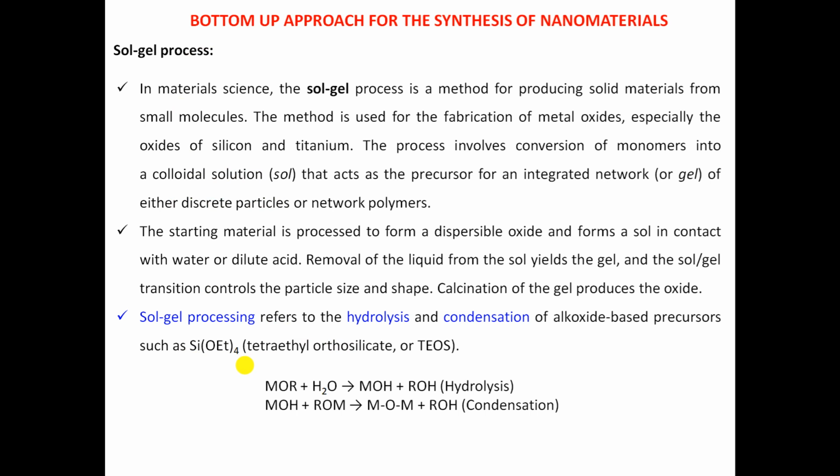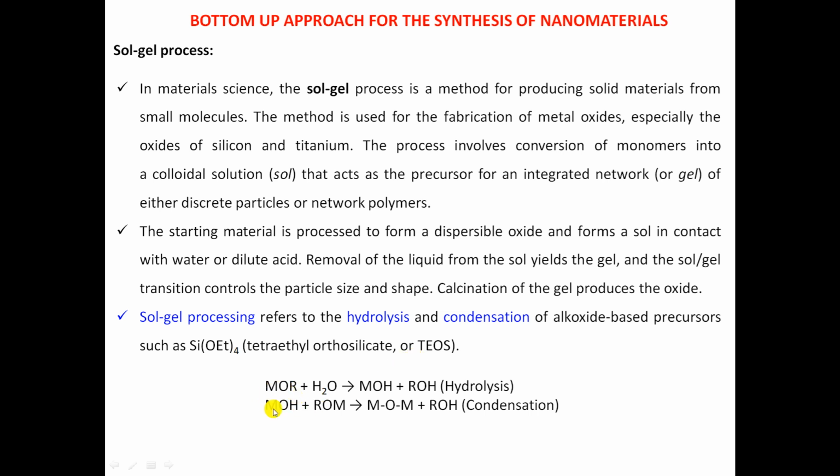The first reaction involved in the sol-gel process is hydrolysis, where metal alkoxide reacts with water in order to form metal hydroxide and alcohol. The metal hydroxide that is formed further undergoes the condensation reaction.